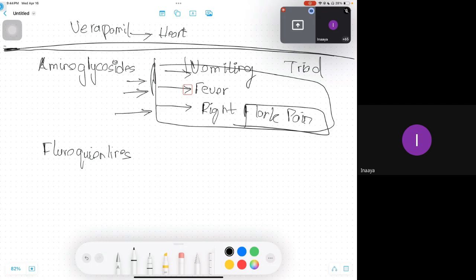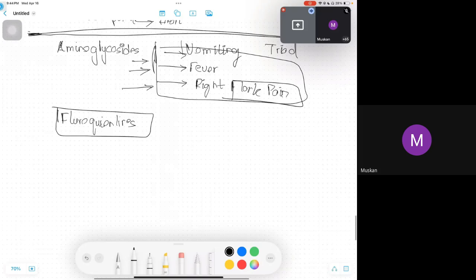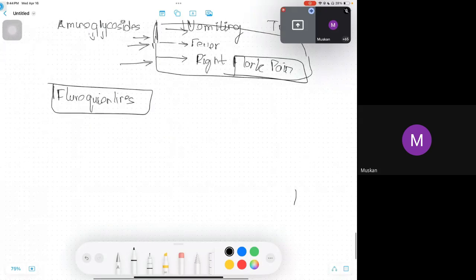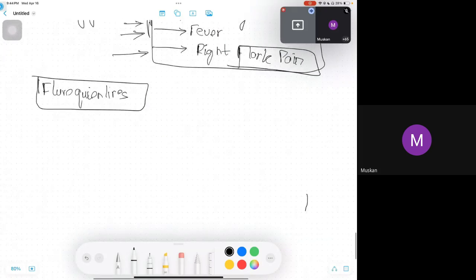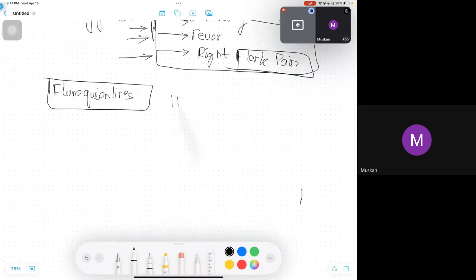What drug was the woman given? Ciprofloxacin. Fluoroquinolones. Yes. Remember, whenever there's pyelonephritis, aminoglycosides will lead to sensorineural hearing loss and fluoroquinolones will lead to some kind of cartilage damage.